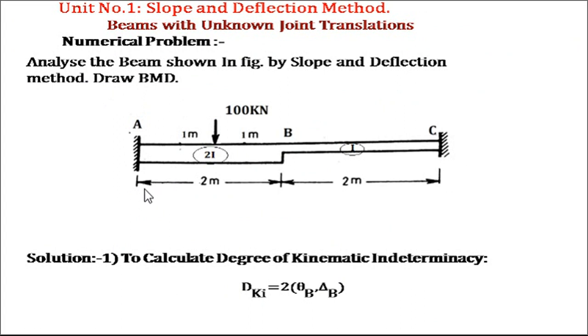diagram. If you see the figure, in member AB the length is 2 meters, and member BC is 2 meters. But the moment of inertia of member AB is 2I and for member BC it is I. So this beam is a non-prismatic beam.